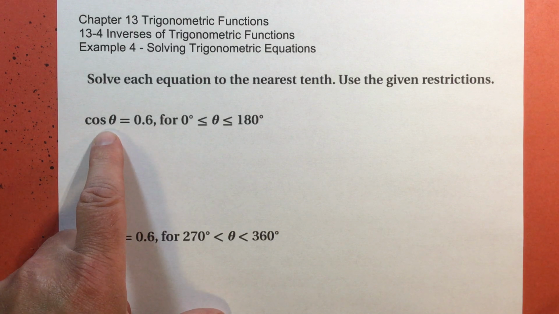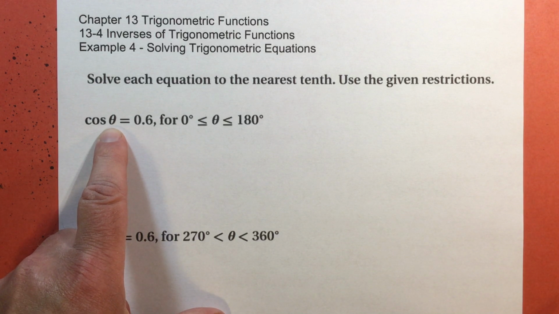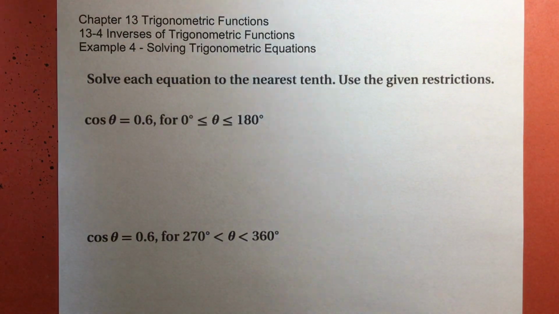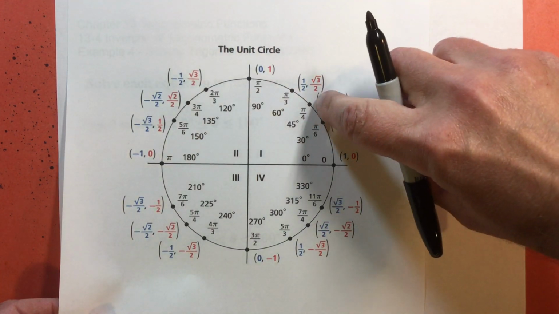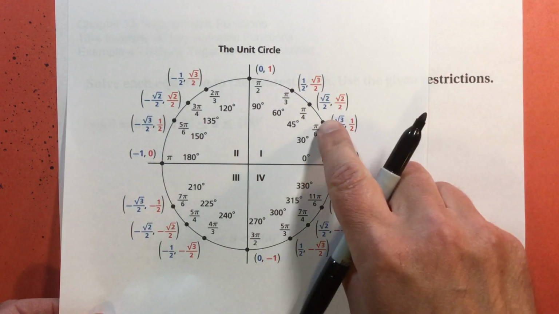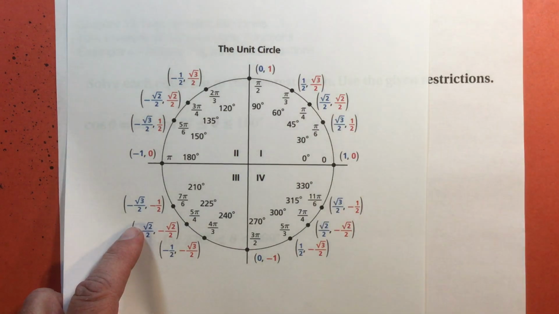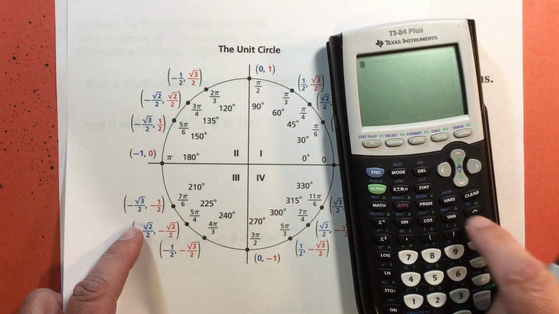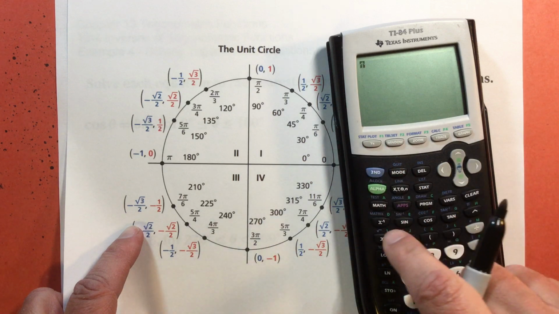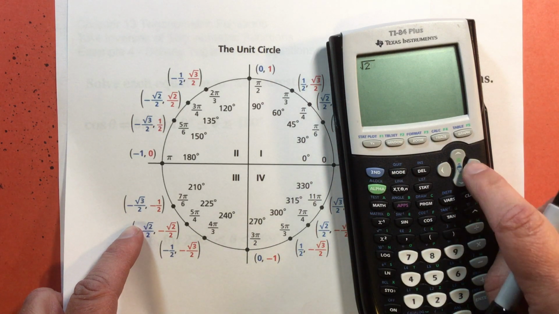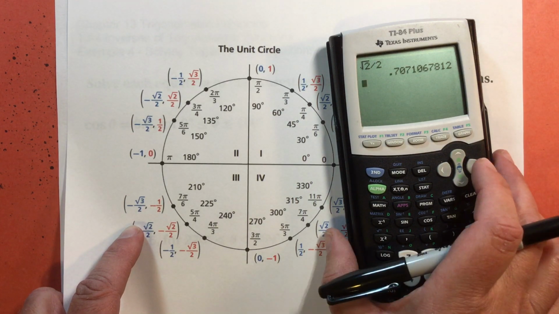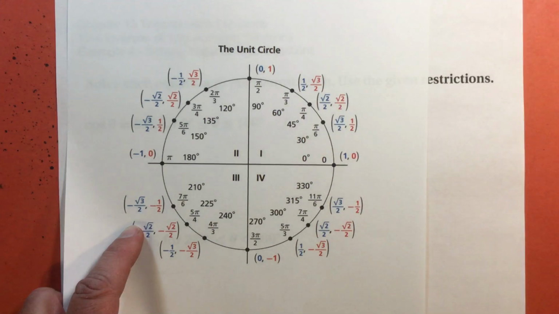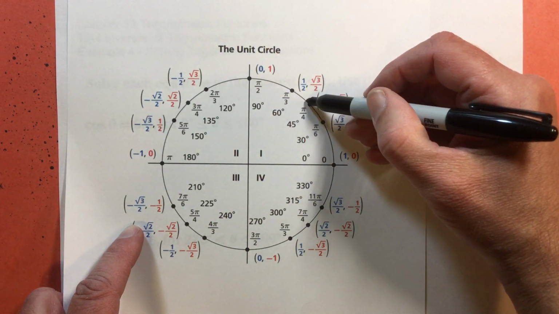So it's basically whatever it would be in quadrant 1, where the x value is 0.6, which would be not exactly, but about right here, because square root of 2 over 2 is not exactly 0.6, but close. Square root of 2 over 2 is a little bit too big, it's 0.7. So it's somewhere between here and here, okay?